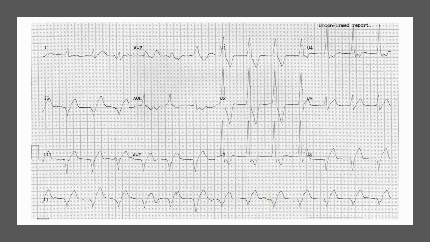This is also accelerated idioventricular, but I don't see any clear capture beats. You can see a P wave here that is dissociated because the impulse is actually coming from the ventricles, right? So this is a ventricular rhythm. You can also see a P wave here. And if you search throughout the EKG, you could probably identify other P waves. But this is also accelerated idioventricular.